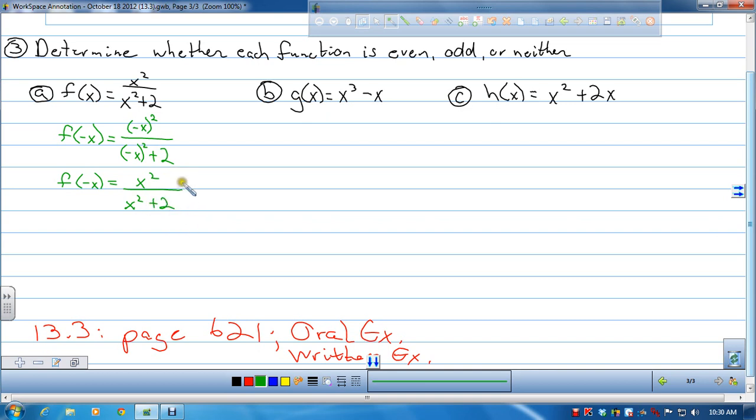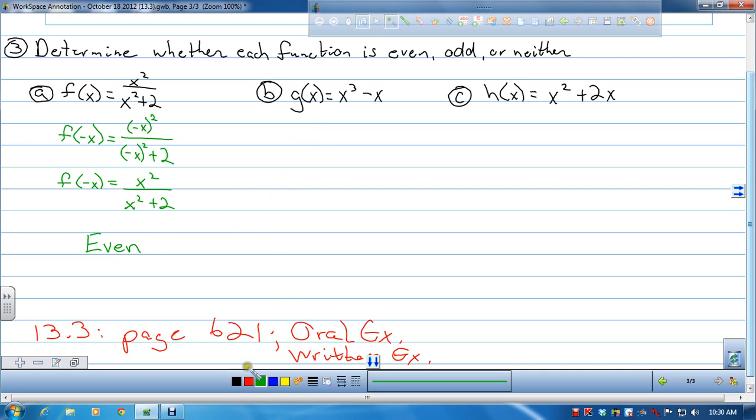So it appears to me that I get the same value that I got when I plugged in x as when I plugged in negative x. Therefore, that means that that particular equation or graph of that equation is an even function. Okay, so it would be symmetric about the y-axis.